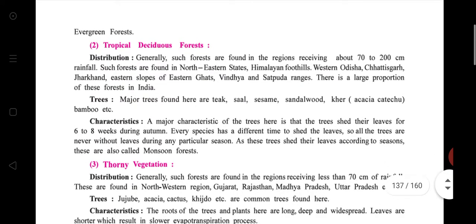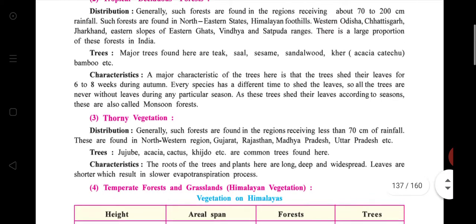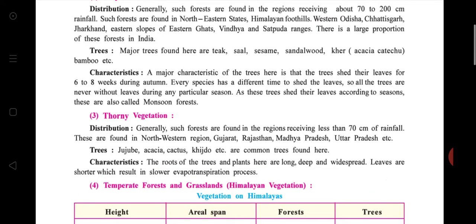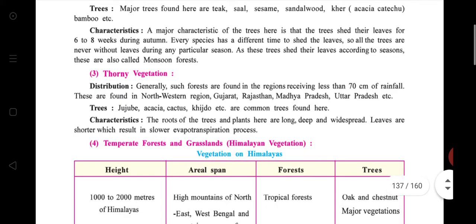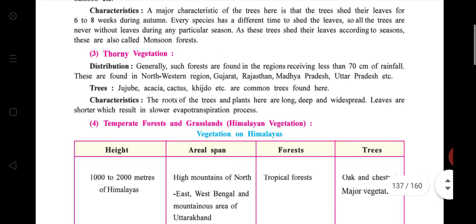Then deciduous forest. Mostly rainfall between 70 to 200 centimeter. Major trees are teak, sal, sesame, sandalwood, etc. Their leaves shed for 6 to 8 weeks during autumn, and it is also called monsoon forest.